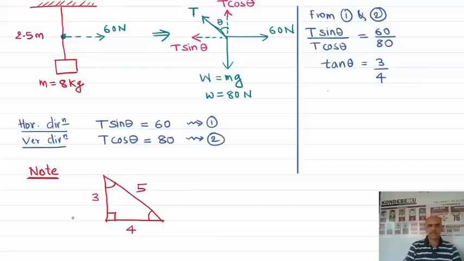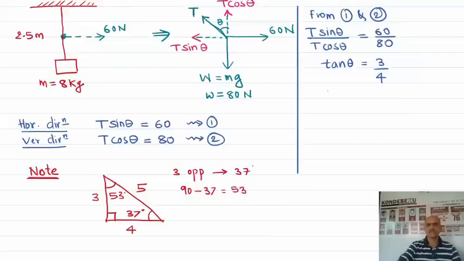Then the angle opposite to 3 will be 37 degrees, and the other angle is 90 minus 37, which is 53 degrees. So 53 plus 37 should be equal to 90. Yes. So remember this, the hint helps in competitive exams too. When numbers are 3, 4 and 5, the angle opposite to 3 is 37. The other one is 90 minus 37, that is 53.